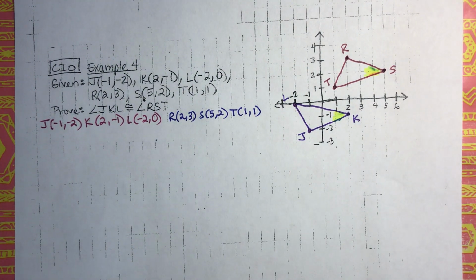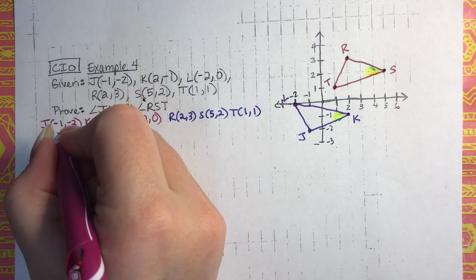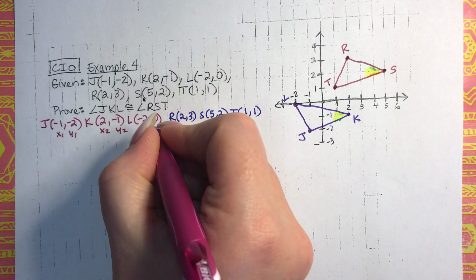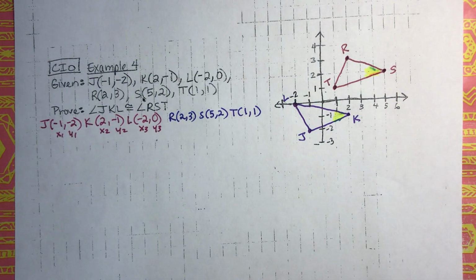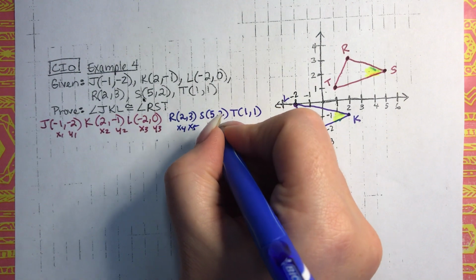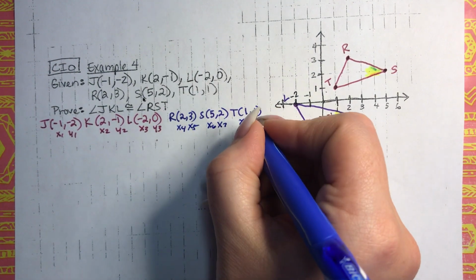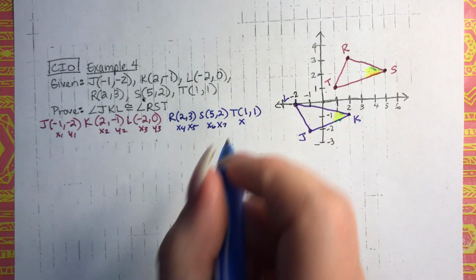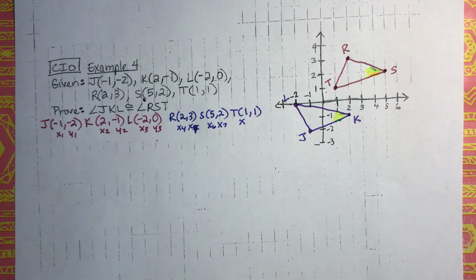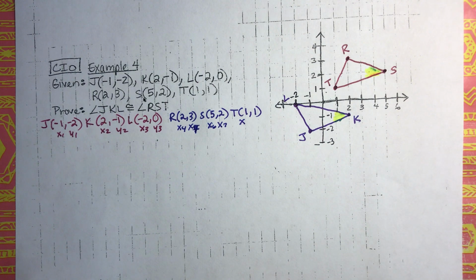Okay, so this is going to be my x1, y1, x2, y2, x3, y3, and then my fourth point. Can I not count? What is going on? I am tripping.